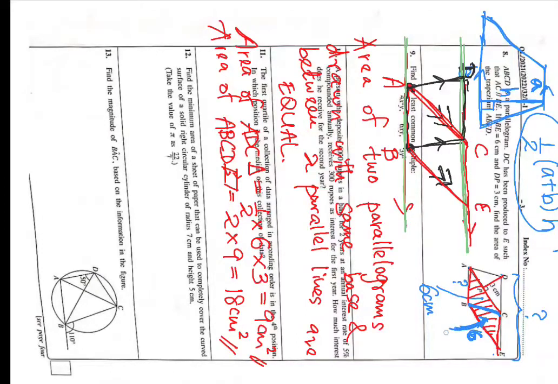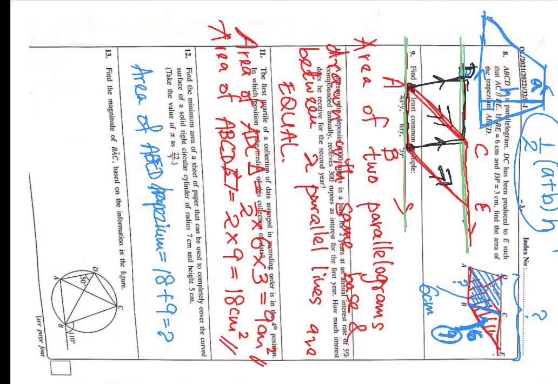That is half of 18. Once again 9. Now I have all the parts. This blue color area is 18, area of the parallelogram, then this part is 9. So area of ABED trapezium is equivalent to 18 plus 9, 27 square centimeters.